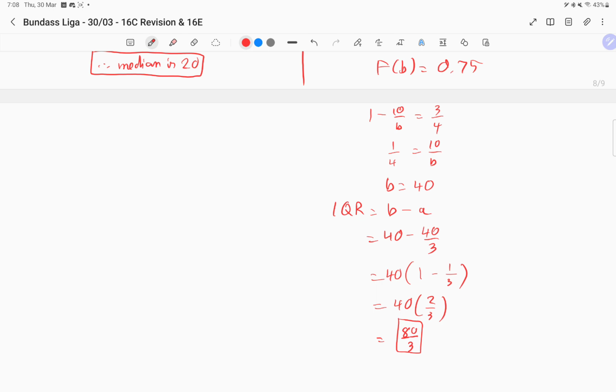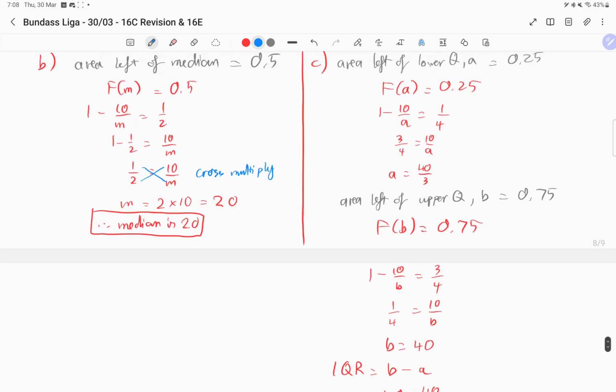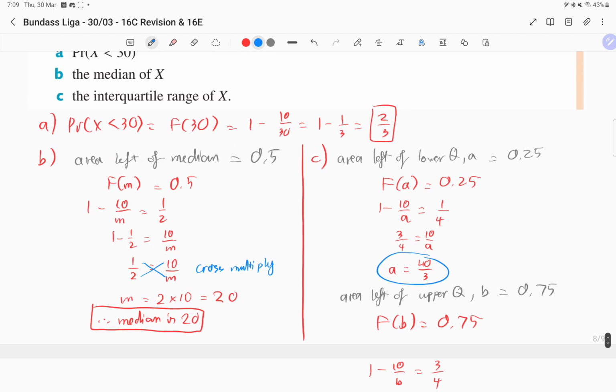A over 3? My A was 40. Your A should be 40 over 3. The area to the left of A is 0.25, so big F of A equals 0.25.